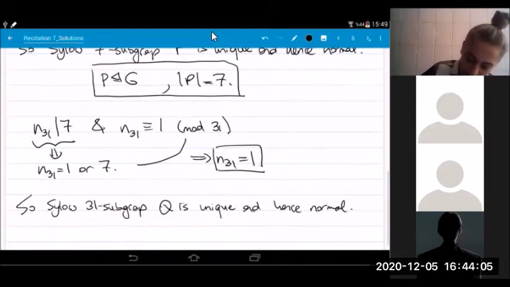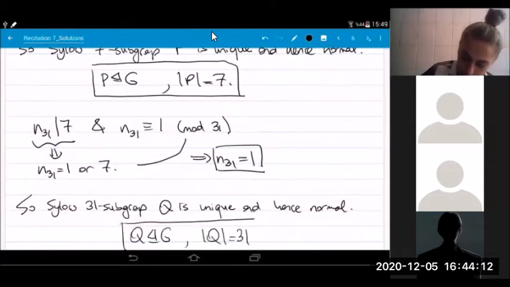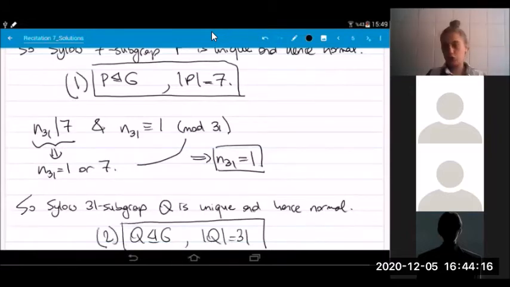So what we have here is Q normal in G, and the order of Q is equal to 31. We are going to combine this one and this one to reach the conclusion.